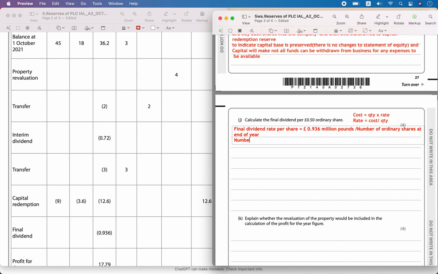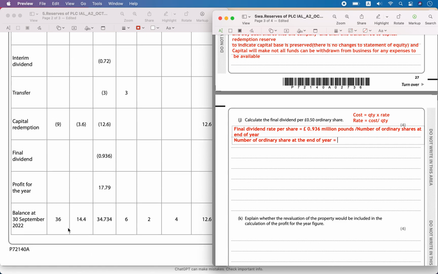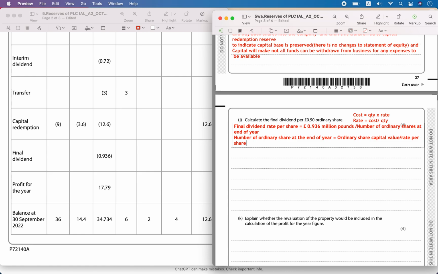The number of ordinary shares at the end of the year will be equal to the ordinary share capital value divided by the rate per share.